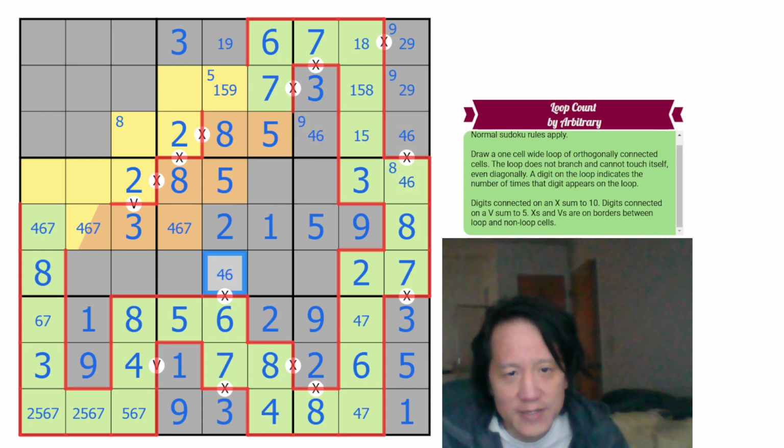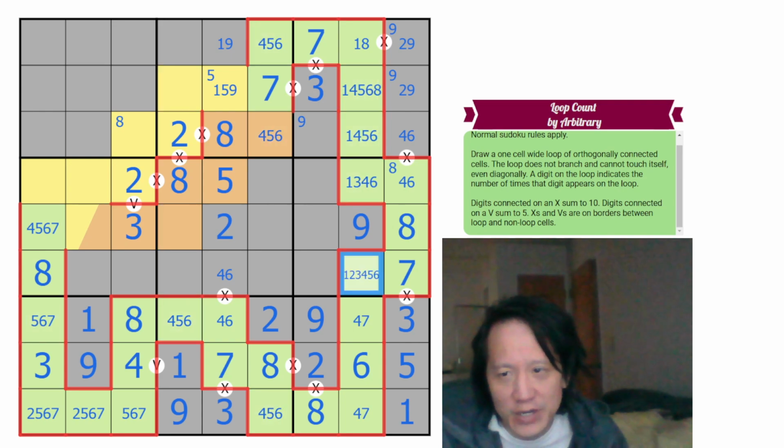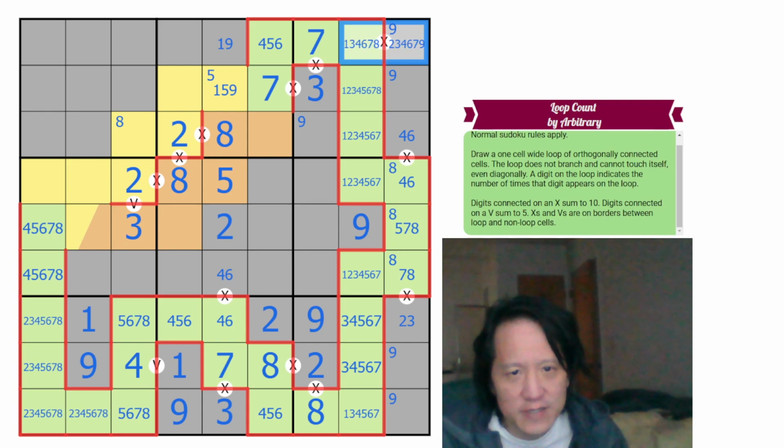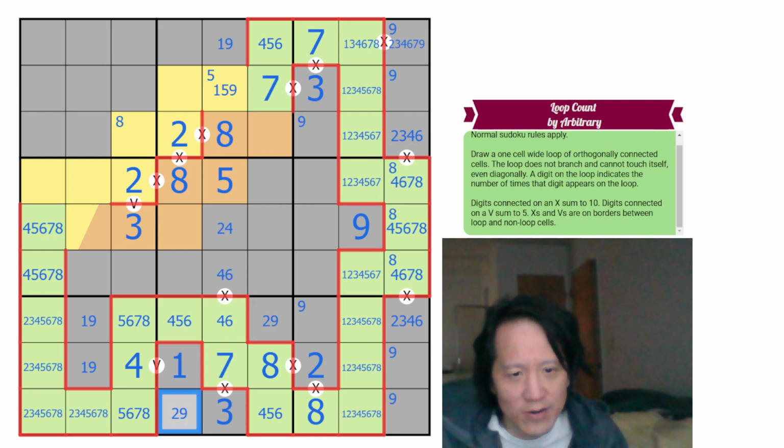Okay. I was hoping to find a contradiction. I did not. So we're going back, looking for more contradictions. There's gotta be a better way than this, than just trial and error, right?